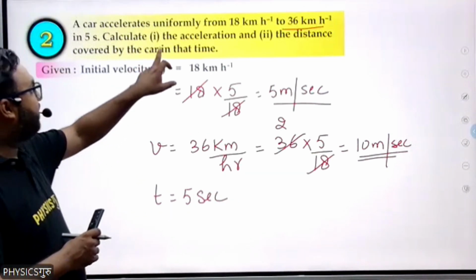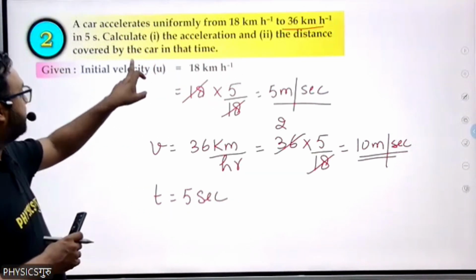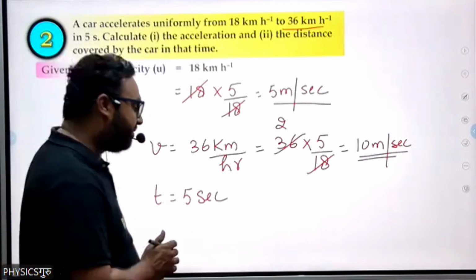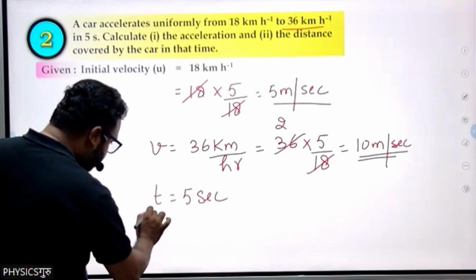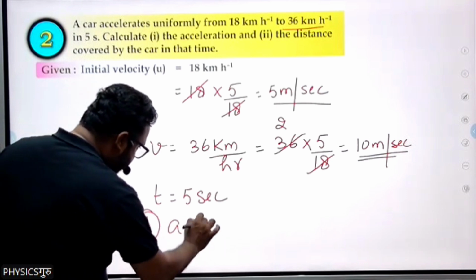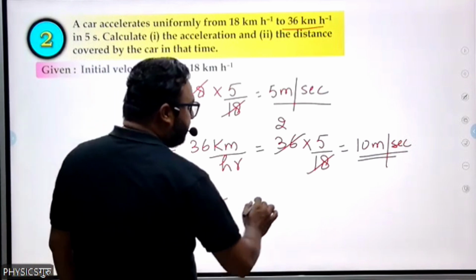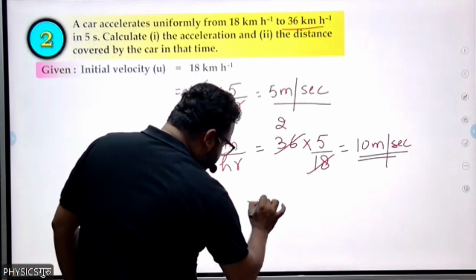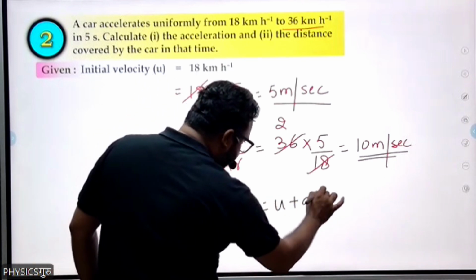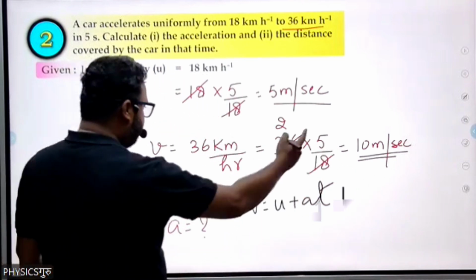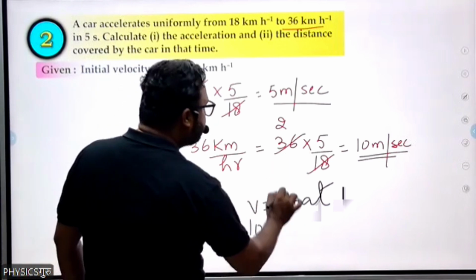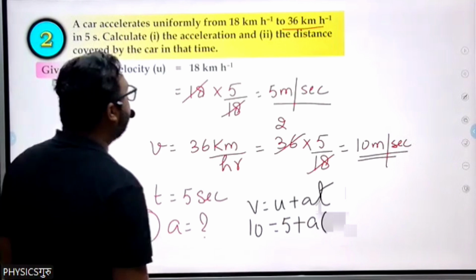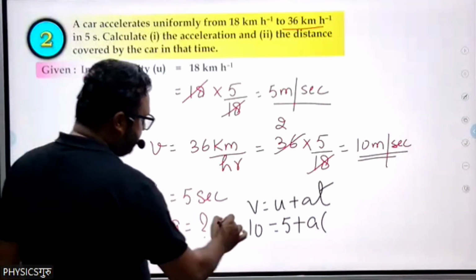They ask you to calculate the acceleration and the distance covered by the car in this time. Step number 1, we need to find acceleration. Use the formula v is equal to u plus at. V is 10, u is 5, plus acceleration into time, 5 seconds.